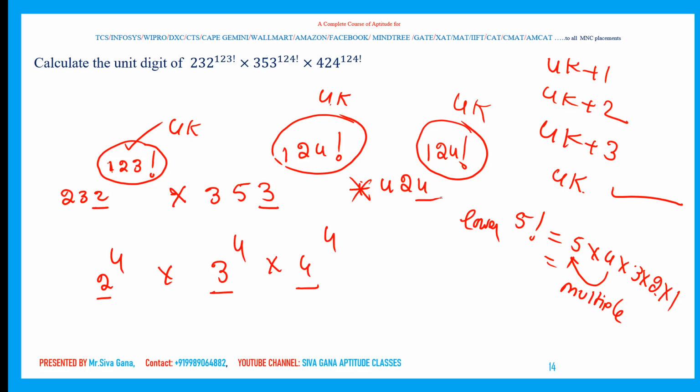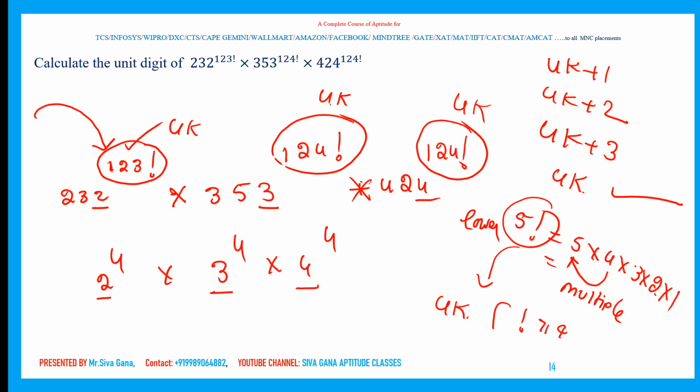So whatever the factorial is given, just consider only 4, because the power is in factorial form. It is definitely in 4k form, since the factorial should be greater than or equal to 4.